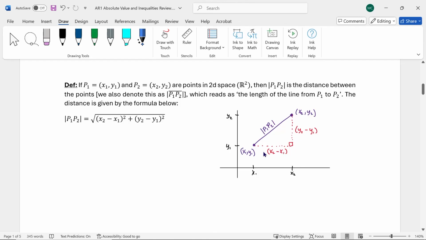And so the distance on this bottom leg is the distance between x2 and x1, right? It's the same length here. So this leg of the triangle is x2 minus x1, and this leg of the triangle is y2 minus y1, right? The distance between y2 and y1. And so, of course, we could think of this as our a, our b, and our c. And the Pythagorean theorem gives us a squared plus b squared is equal to c squared.